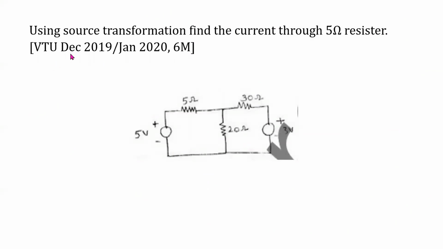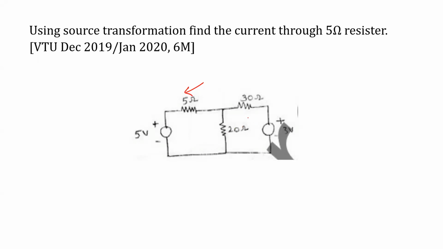See here, using source transformation, find the current through the 5 ohm resistance. It was asked in the VTU question paper, December 2019 and January 2020 for 6 marks. Where is the 5 ohm resistance? Here it is, across which current is flowing. The current through the 5 ohm resistance should be calculated. So solve it on your own.